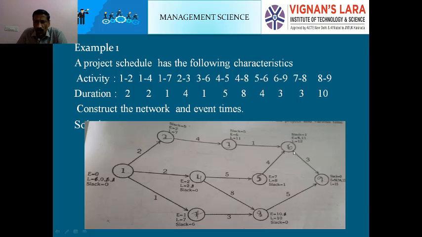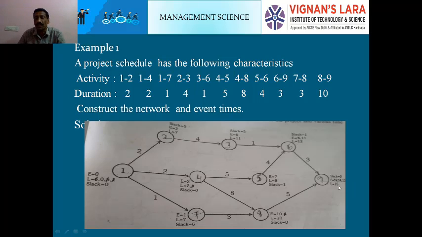Now, if you want to calculate latest finishing time at event 6, how is it calculated? Now 15 minus 3 equal to 12. 12 is the latest finishing time. If you want to calculate latest finishing time at the next event, how will it be obtained?